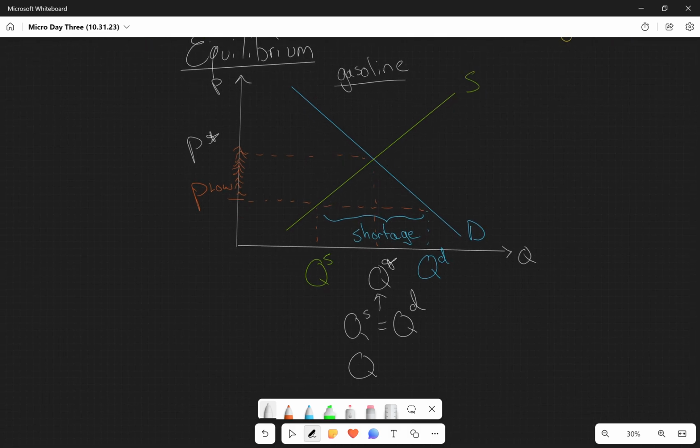And it's also the point where everything that people demand is provided. Both of these things have to be there for this equilibrium to exist. Questions on equilibrium?